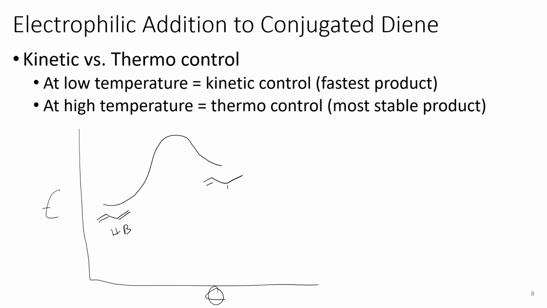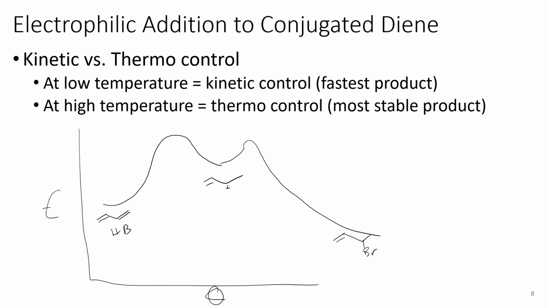That intermediate is that initial carbocation. That initial carbocation is going to react and go down to our final product, where I have the Br in that 2 position.